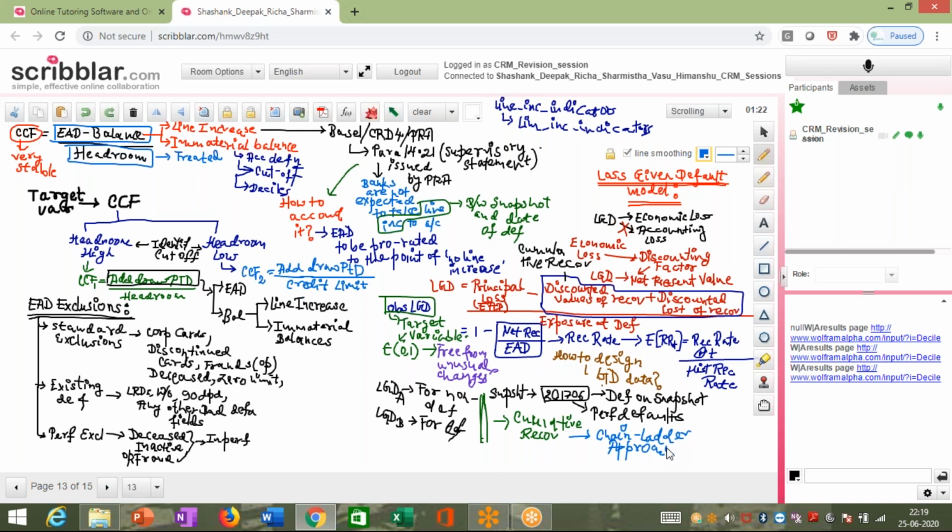Now the two things over here are: LGD is number one, the target variable.